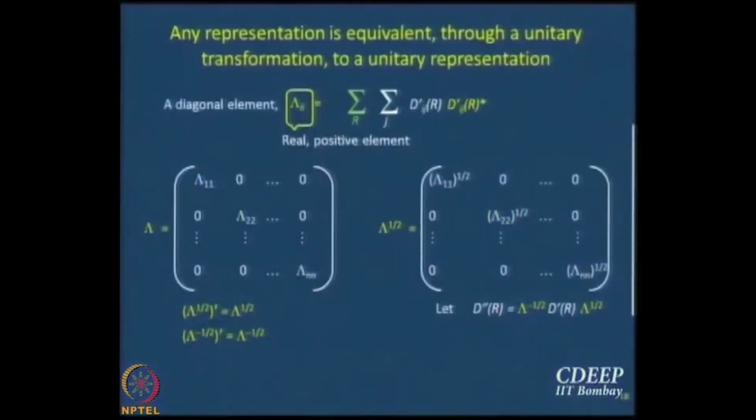Let us say d double prime R is lambda to the power minus half d prime R lambda to the power half. You agree with this? The same thing holds for the adjoints, right? So now we are going to prove that these matrices, the double prime matrices, are unitary, right? That is the final goal.